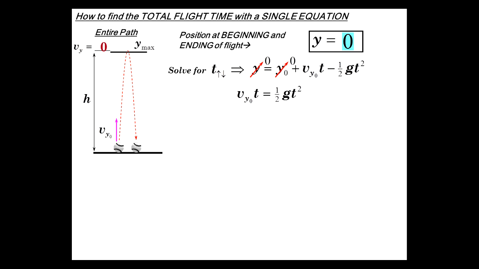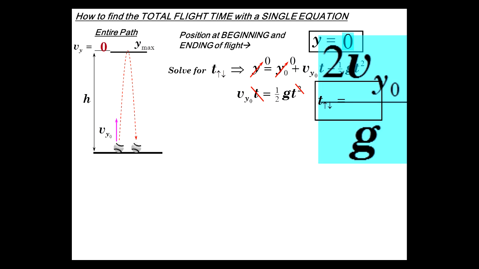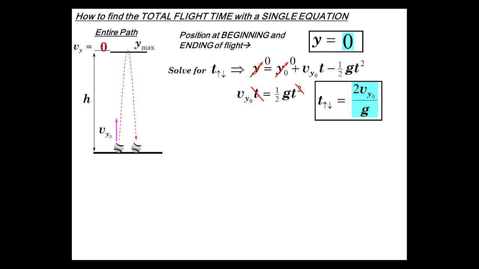So we have Vy0 t minus 1/2 g t squared, and you see how time divides out, at least on one side. And so we have time up and down equals 2Vy0 over g.